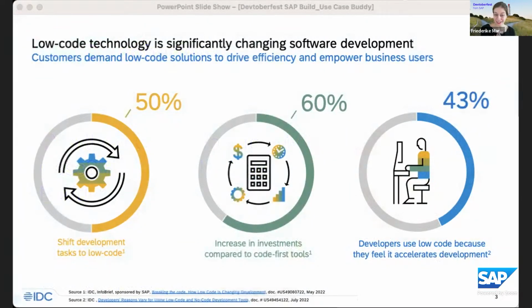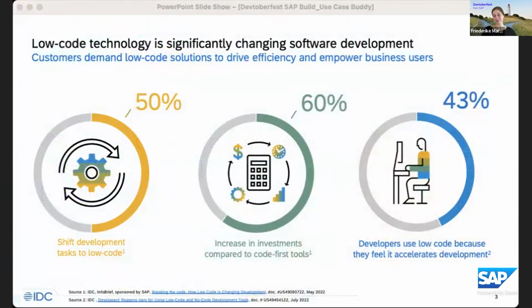And 60% even told us that they will increase their investments in low-code solutions by 10 to 25% in the next 18 to 24 months. That means there will be lots of new use cases, lots of new projects, and lots of new workload coming, which will need to be implemented. And 43% of professional developers have a compelling reason to use low-code, no-code, because as they told us, it really accelerates development and helps you go so much faster.